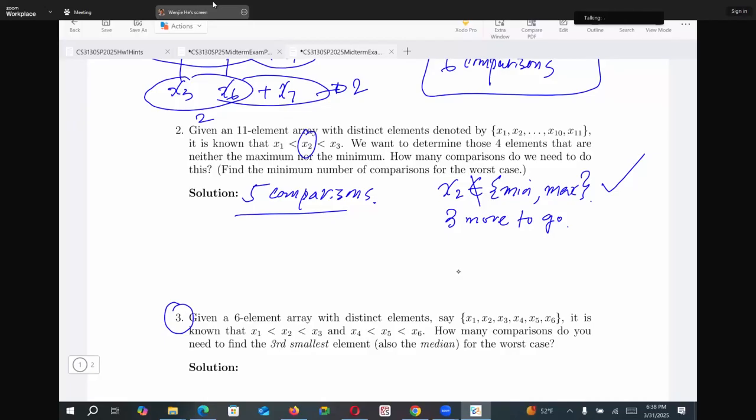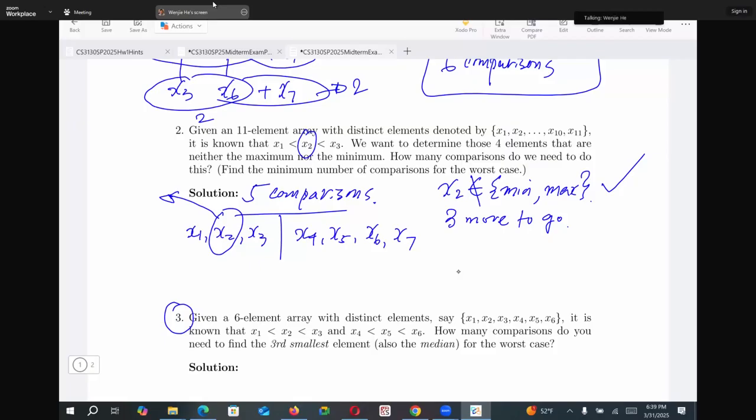So we separate: the first group is x1, x2, x3, and the other group is x4, x5, x6, x7. x2 we take out, so it's in our target pool.